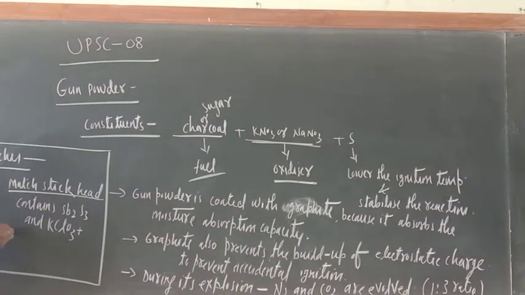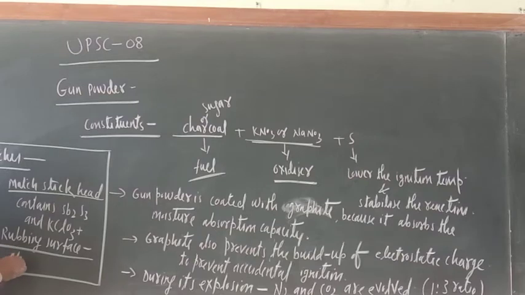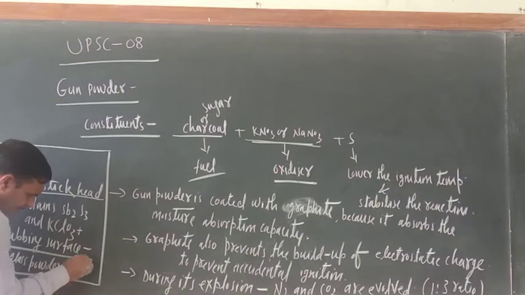What about the rubbing surface? At the rubbing surface, glass powder plus red phosphorus is used.